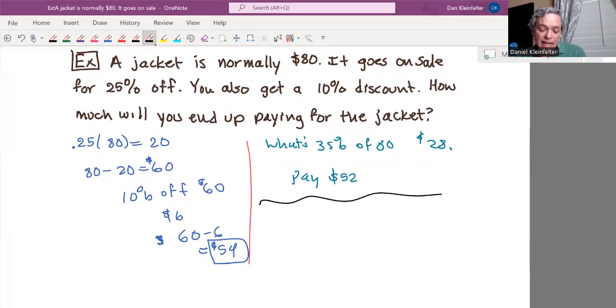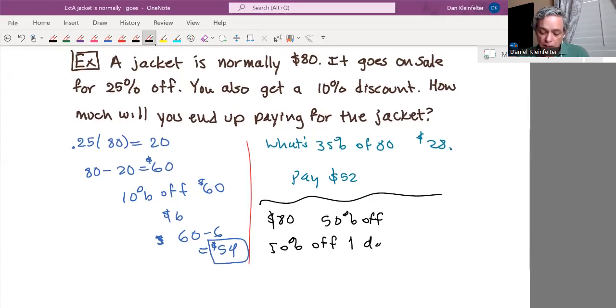An easier example to illustrate this: let's say that the jacket is normally $80, and then it goes on the clearance rack. They've taken 50% off, and then they're also offering another one-day sale, let's say for another 50% off.